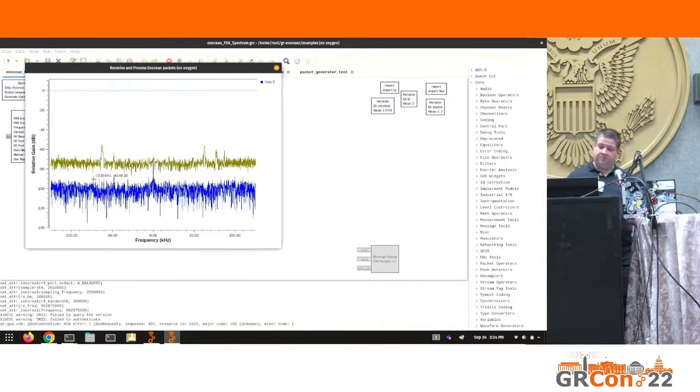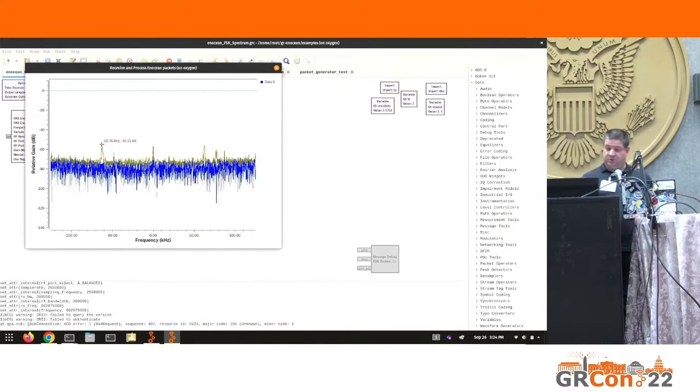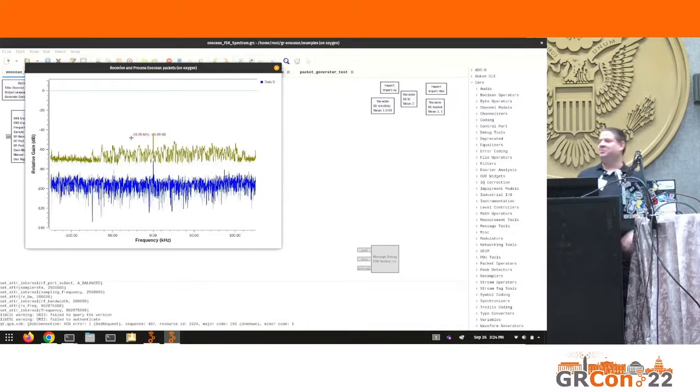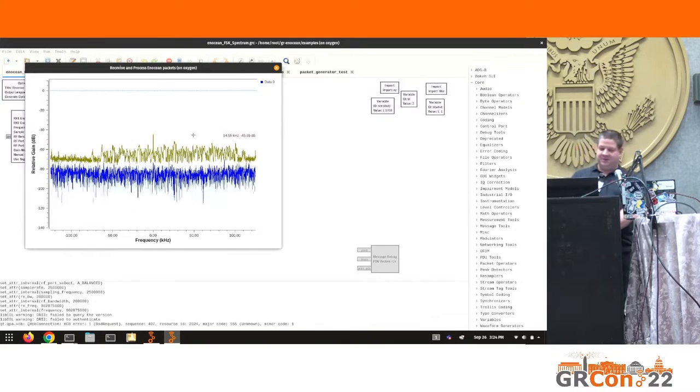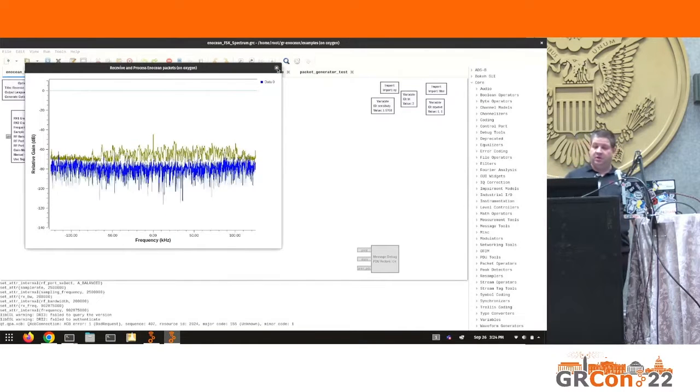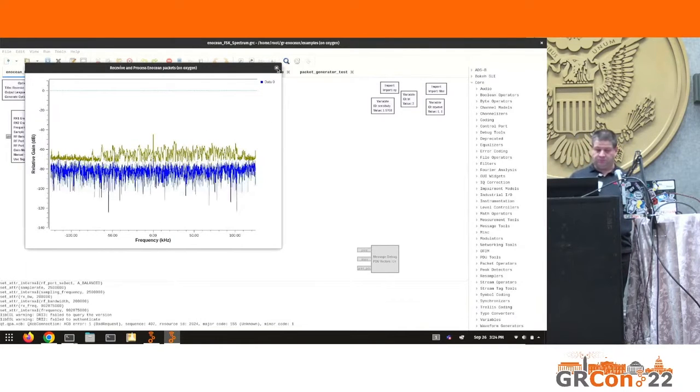There we go. So like I said, it's 62.5 kilohertz offset, and something else just hit us, but that's what you get for being in ISM bands. But those two peaks that we had up were 62.5 kilohertz deviation, which is what you saw from the spec as far as the FSK is concerned. That's what you were expecting to see.